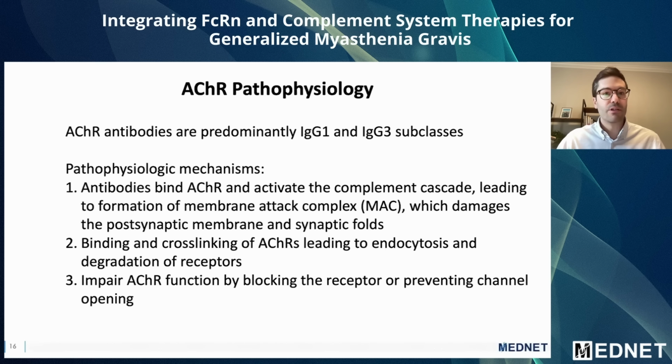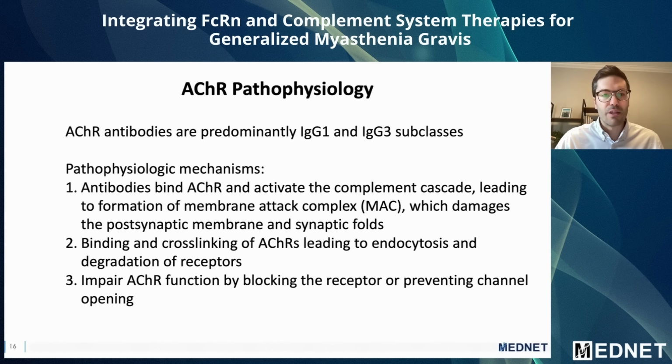So, with that background, now I'll get into more of the antibodies. AChR is the most common antibody, and this is predominantly IgG1 and IgG3 subclasses. And there's three main mechanisms that AChR antibodies can cause disease. One is activating the complement cascade. This leads to the formation of what's called the membrane attack complex, or MAC, which damages the postsynaptic membrane and synaptic folds.